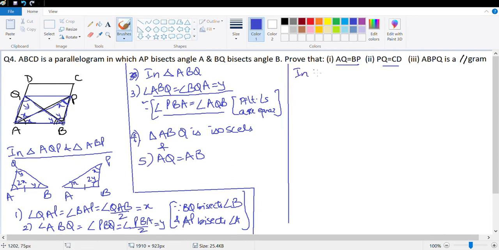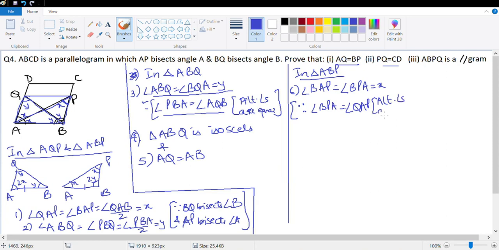So in triangle ABP, number 6 would be angle BAP is equal to angle BPA is equal to x. Since angle BPA is equal to angle QAP, these are alternate angles and are equal. So I've got this angle and this angle equal.